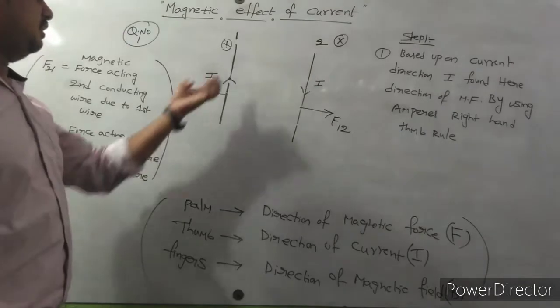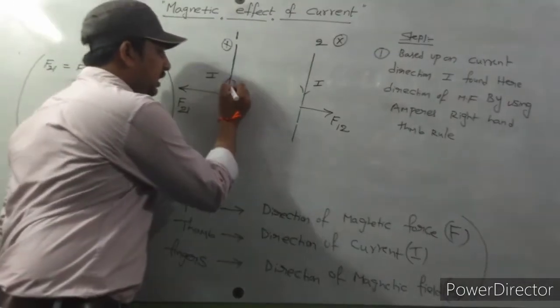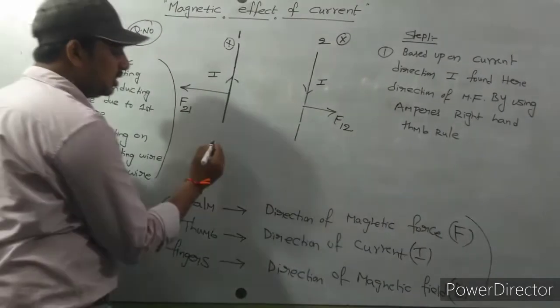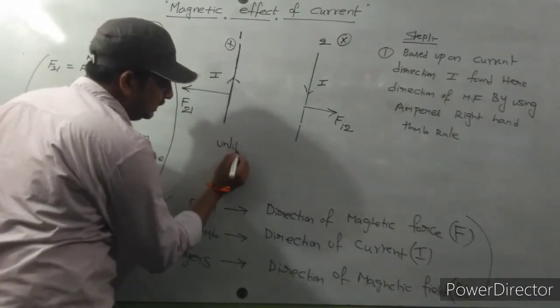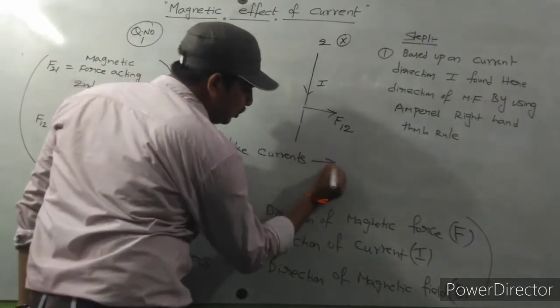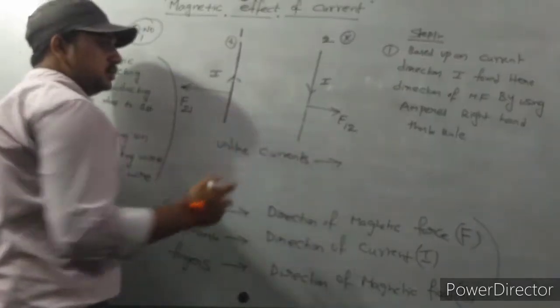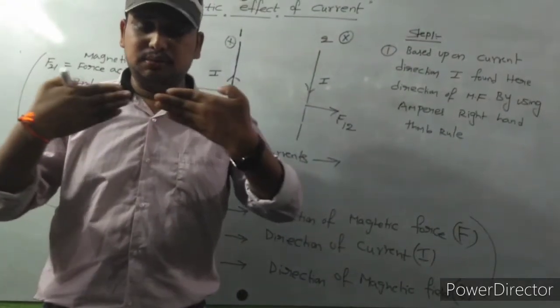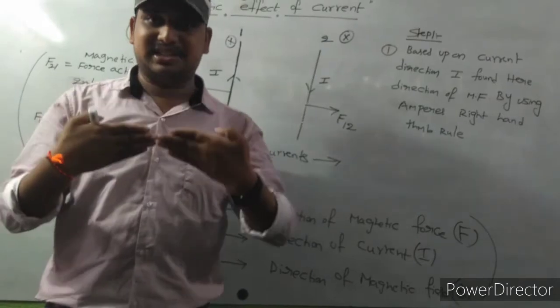So here observe carefully, what are these currents? One current is moving in the upward direction, the other current is moving in the downward direction. These currents are called unlike currents. If the forces are acting towards each other, that is attraction.